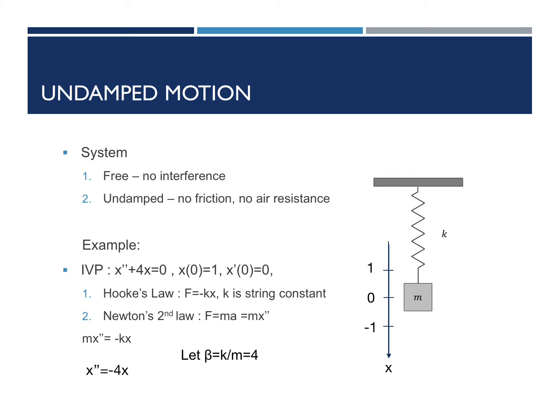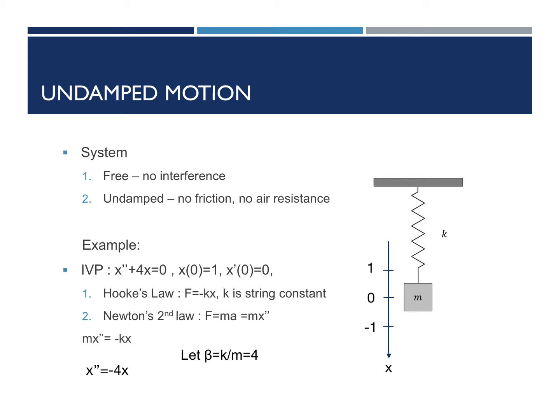You can see in the picture on the right side, the spring constant is k and the mass is m. What we do is lift the mass on the spring system up to where x equals 1 and the velocity equals 0.